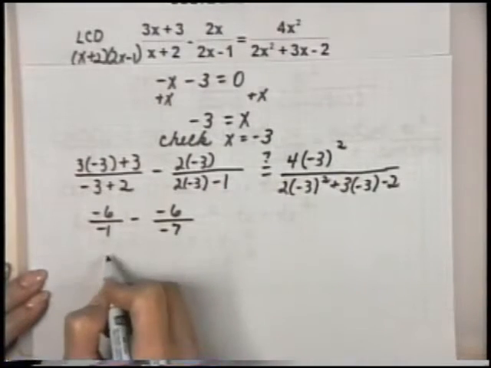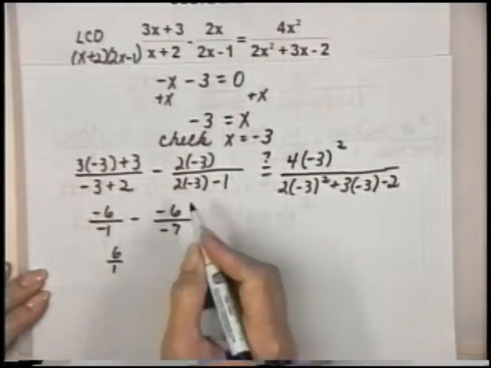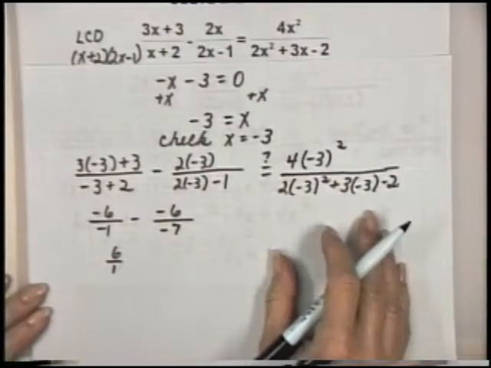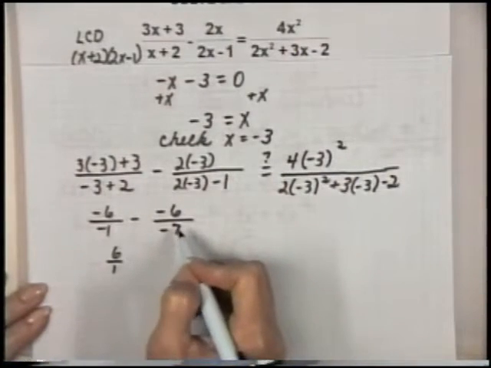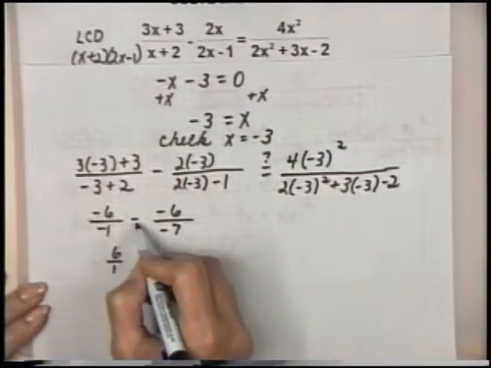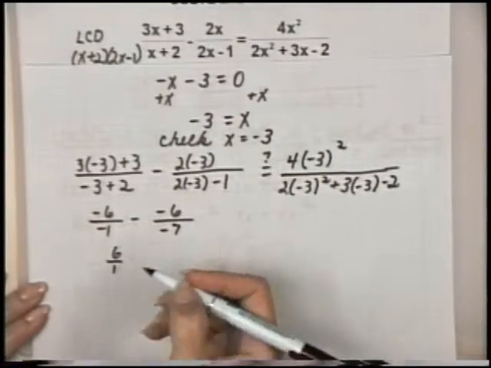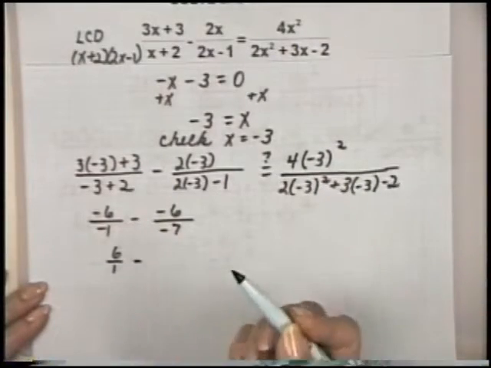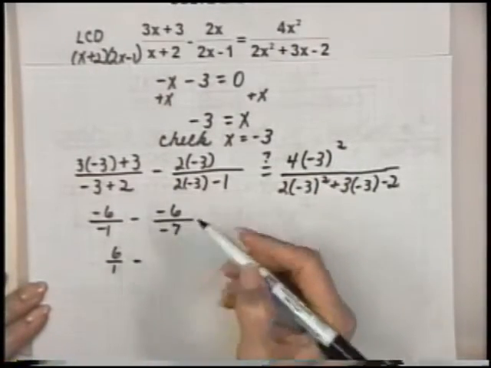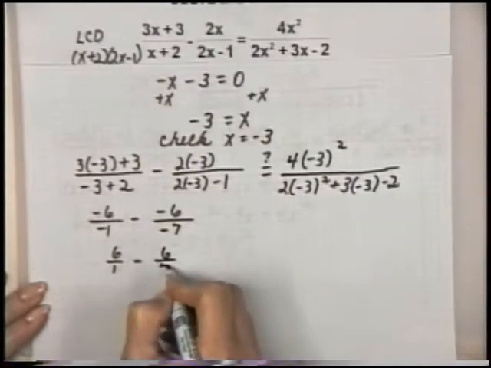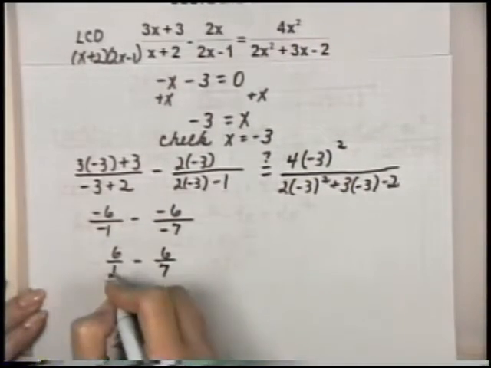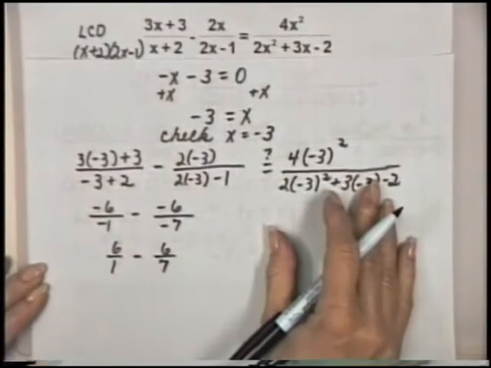Negative 6 divided by negative 1 would be a positive 6. I'm going to write it as 6 over 1 because I have a fraction to combine with it. Subtract, a negative divided by a negative would be subtract, and then a negative divided by a negative would be a positive 6 over 7.